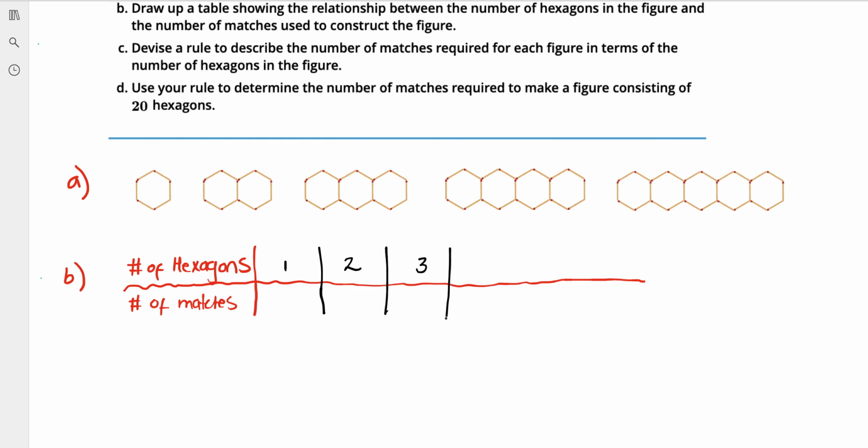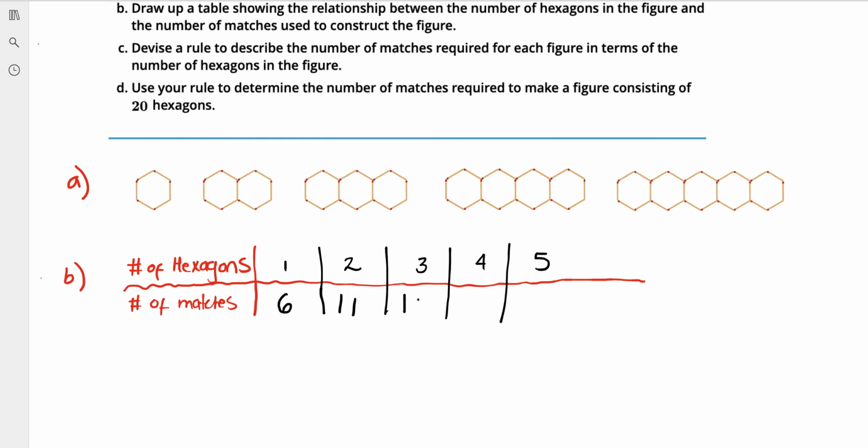Okay, so I know that in the first one I have 1, in the second one I have 2, 3, 4, and 5. Okay, how many matches do I have in the first one? 6. In the second one do I have 6? No, because they're sharing 1. So I'm actually adding 5. So it's going to be 11. In this one I have the same ones that I have before plus another 5.